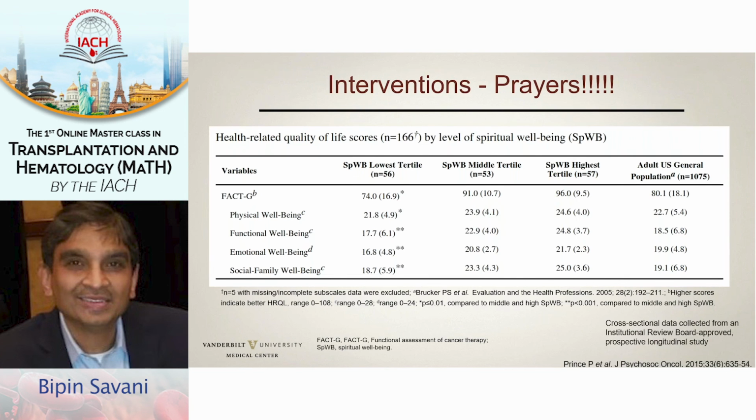It works best. In addition, prayer for those who are believers. This is our NIH study led by one of our social workers. Health-related quality of life scores, physical, functional, emotional, and social family well-being, were well correlated with level of spiritual well-being.